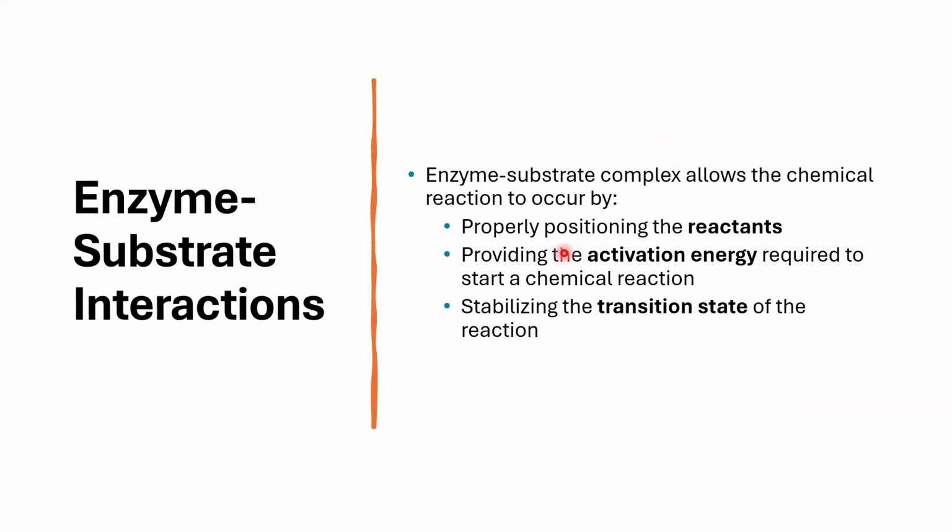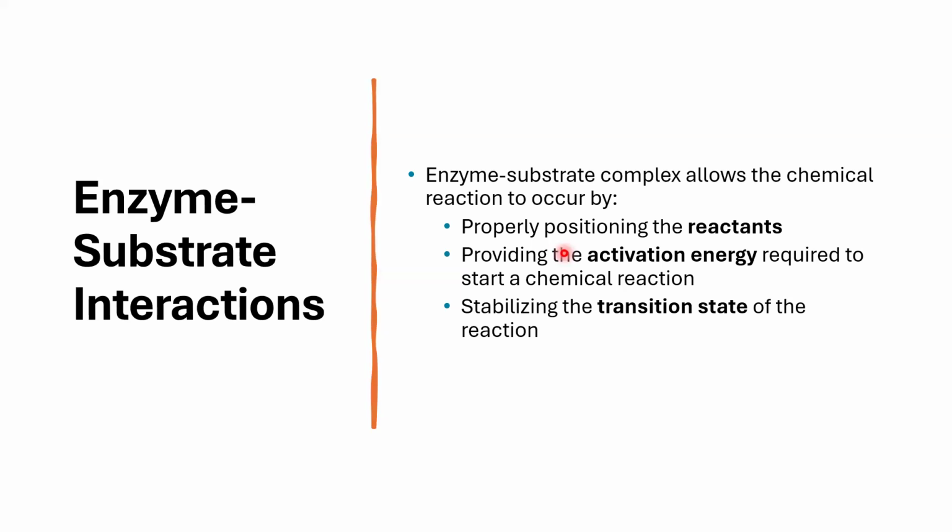And so when you get the formation of the enzyme substrate complex, you position the reactants in a way that makes it more advantageous to perform the reaction. And these enzymes are also going to provide the activation energy required for that chemical reaction to start.